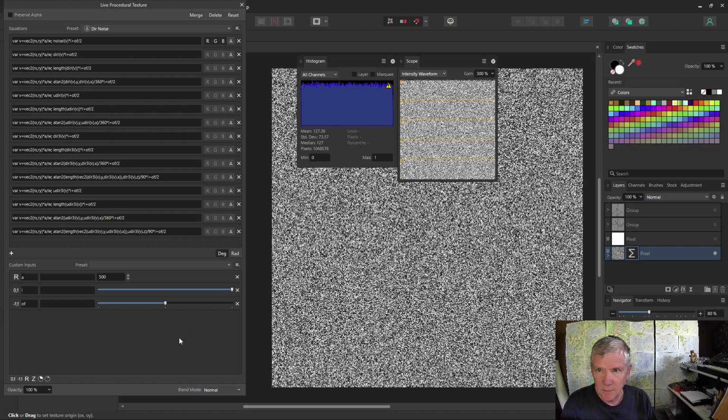I've set up a procedural texture filter that includes a wide variety of these values, and I'm going to demonstrate what I just talked about with this. So I have a histogram of the values and a scope of the values here. I have a large number of equations here and some custom inputs to control them down here.